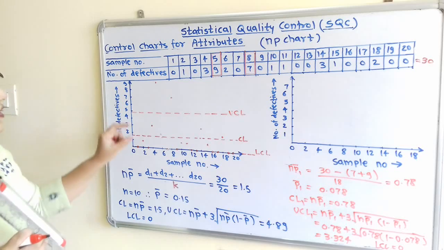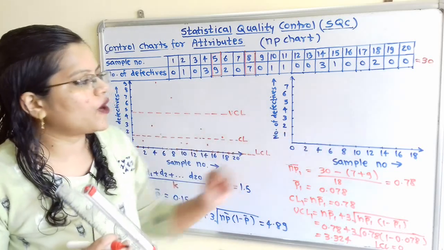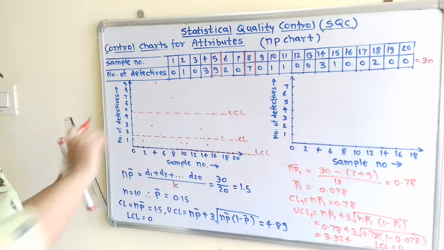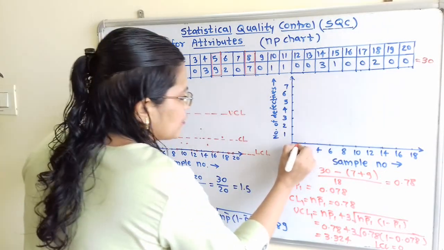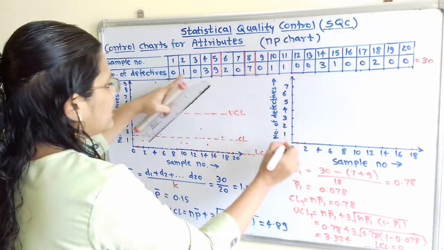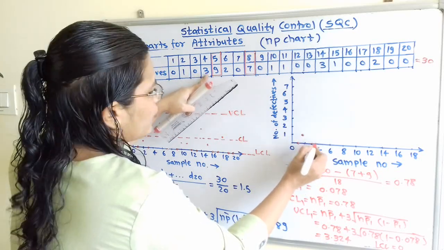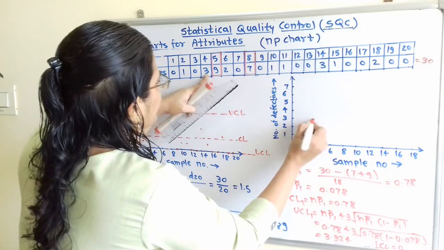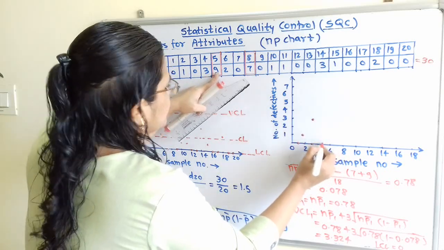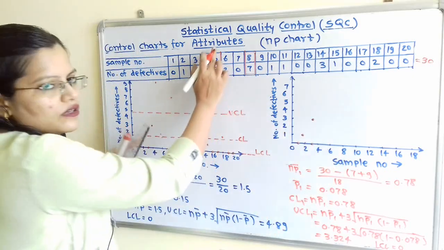So for the remaining samples, we have to plot the points. For sample number 1 it is 0, for sample number 2 it is 1, for sample number 3 it is 0, for 4 it is 3, then for 5 it is 9. So we have to remove this.